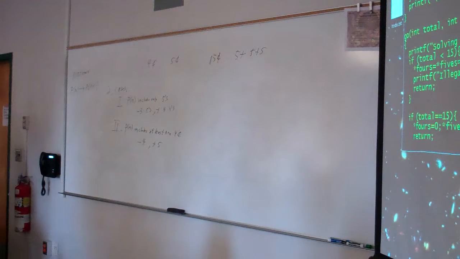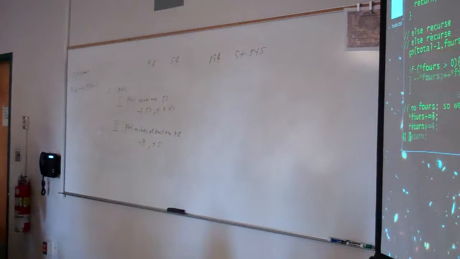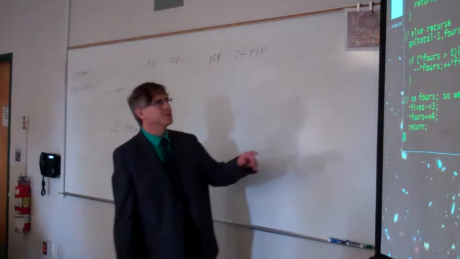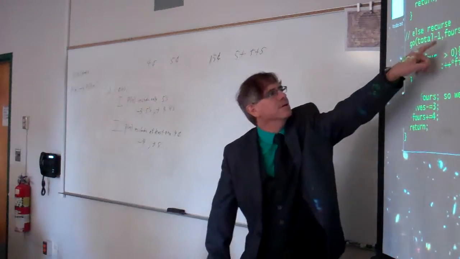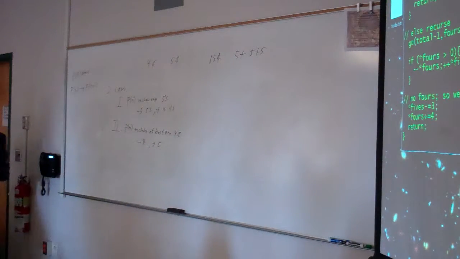And if I call Go again, all my local variables have their own local value. When I call Go again, there's a new copy of those. And everything that happens in that new call to Go, once it's exited, I'm back to my old context. My old values are the same. The only thing that's different is I'm using the return value from Go to set 4s and 5s. So those come back from my recursive call.